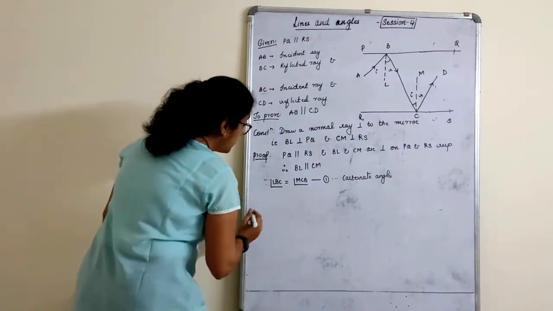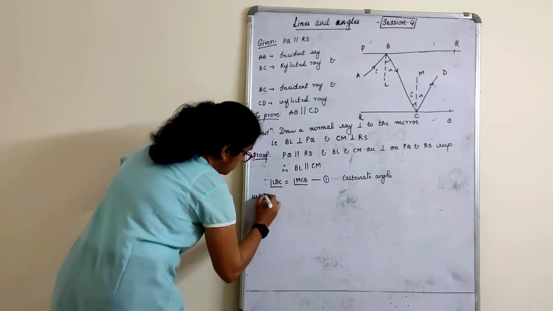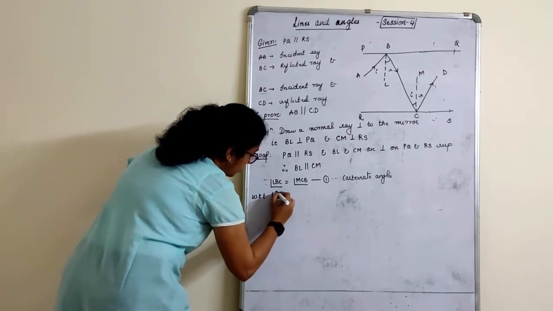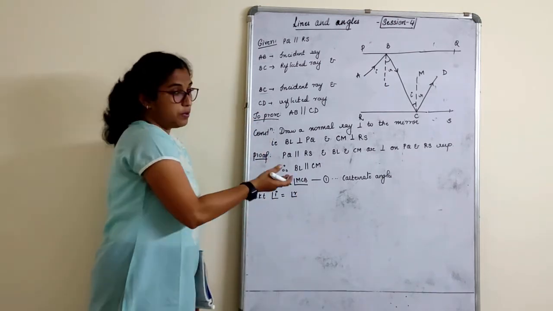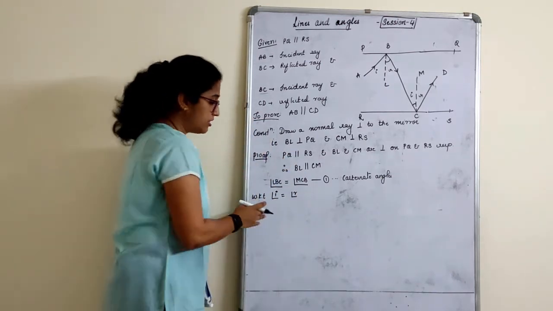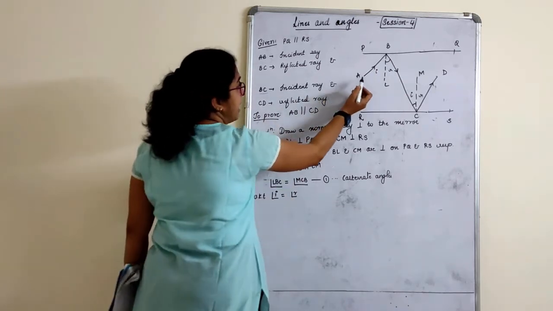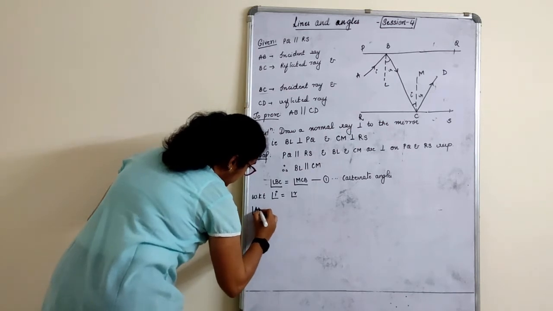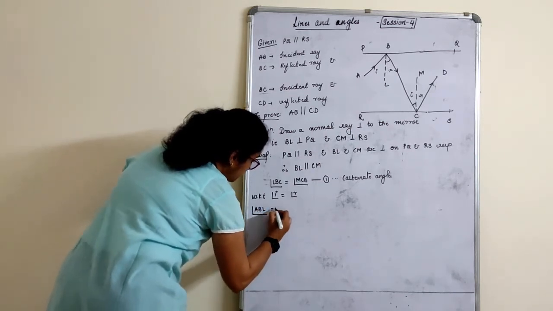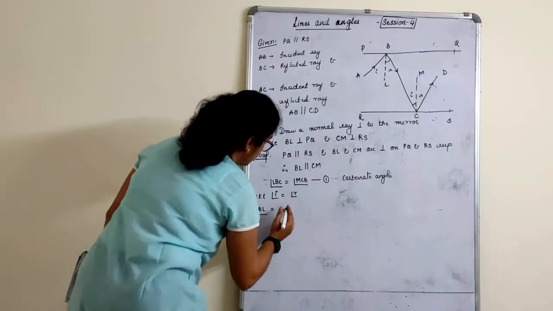So we know that angle of incidence is equal to angle of reflection. We did not write the laws of reflection there, so this much we have written. With respect to this, angle ABL is equal to angle LBC.